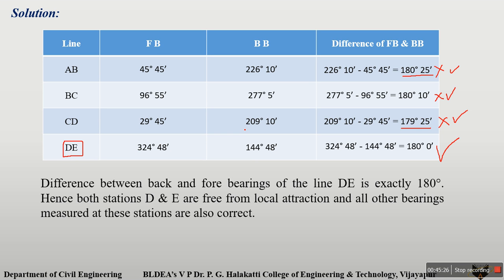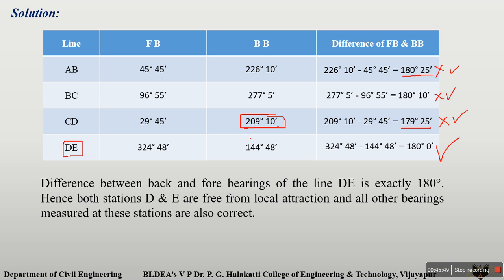Similarly, the back bearing of CD is measured from station D, where our instrument is, bisecting the C station. So it is measured from the D station, and this bearing is also correct.